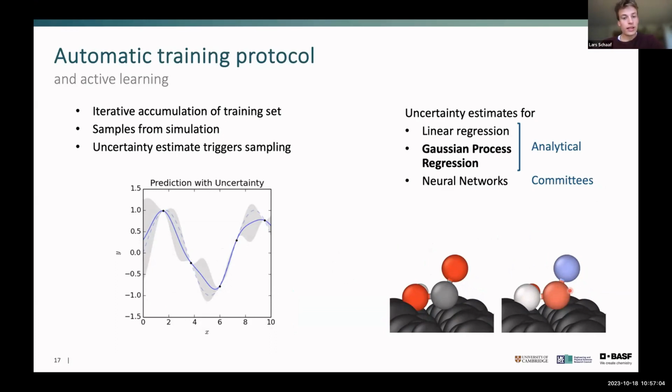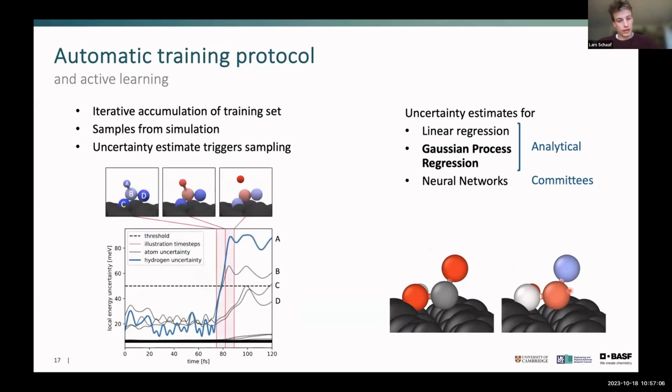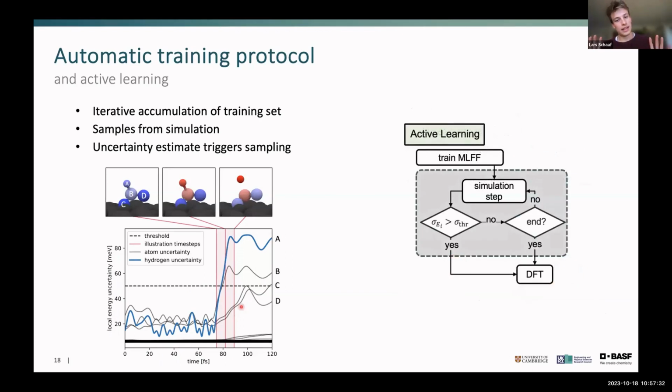And of course, it fails. But what's nice is with the uncertainty estimate, we can nicely see where this fails. So here we see the uncertainty as a function of time, and we can see a sharp increase as soon as we reach this unphysical or unchemical phase space. And it makes it very simple to sample a configuration once it breaches this threshold. And so that's what we use for training our machine learned force fields in a kind of hands-off way.